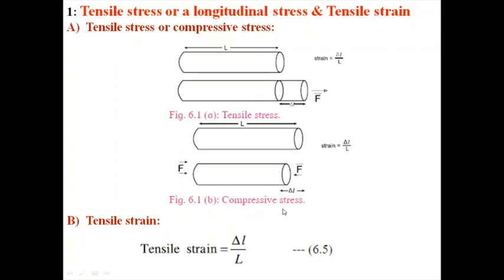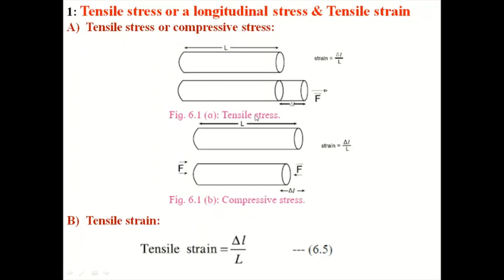Similarly, what is meant by compressive stress? When a rod is pushed at two ends by equal and opposite forces, its length decreases. The restoring force per unit area is called compressive stress. Compressive stress is the applied or deforming force divided by the cross-sectional area of the rod, and compressive strain is the change in dimension to the original dimension.